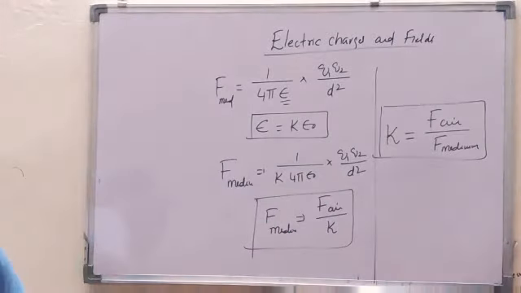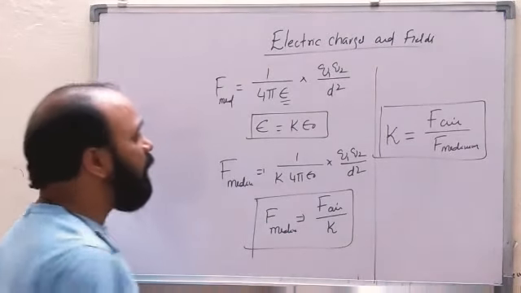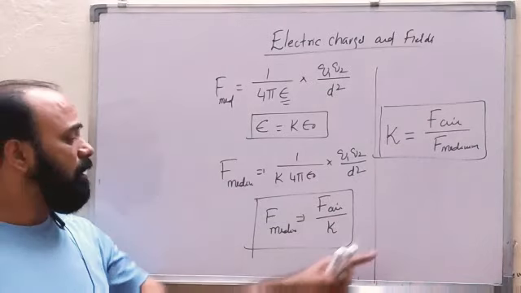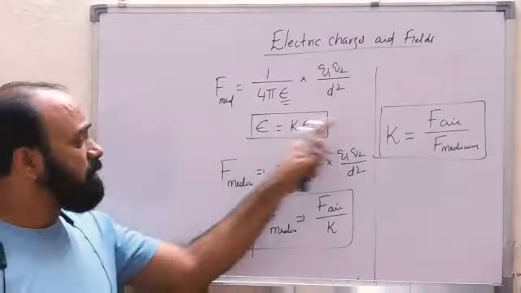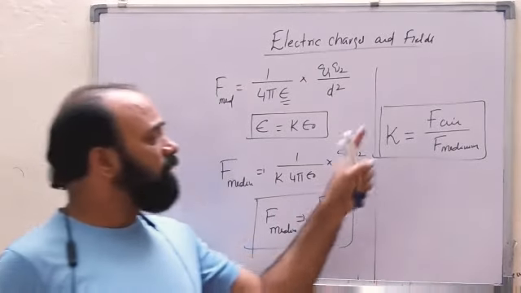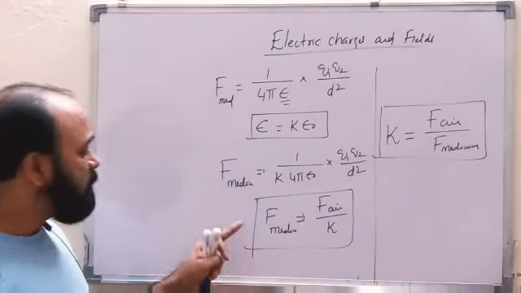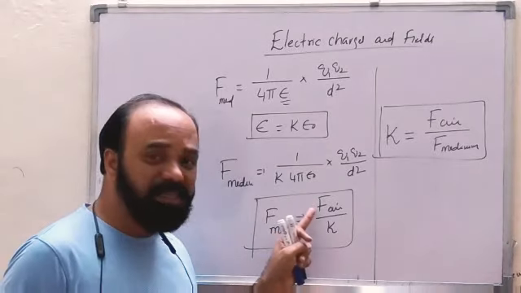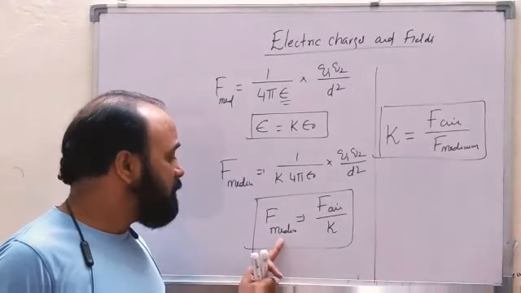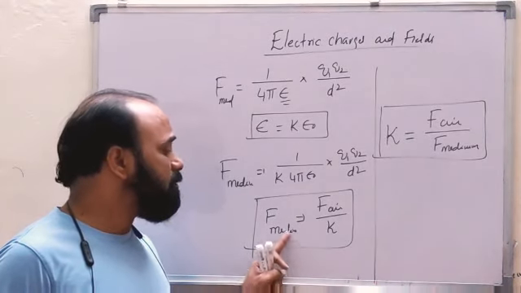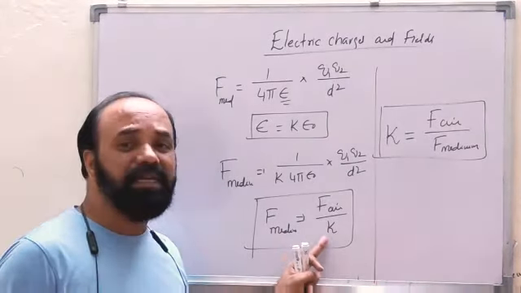See, K equals F air by F medium. If they ask for force in air and the dielectric constant is given, then we can easily calculate this. The force in the medium is decreased by K times.